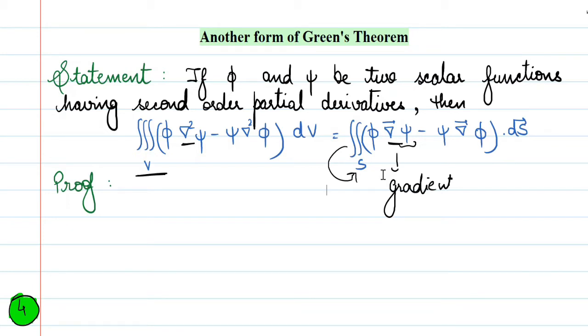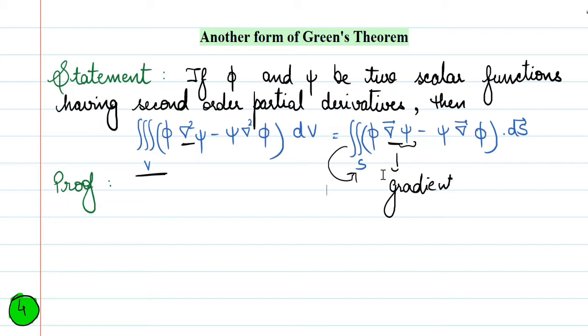So Green's theorem has both the forms. You can perform either of the proofs in the exam if asked. One of the proofs deals with Stokes' theorem and it relates line with surface integral, and the other form deals with Gauss divergence theorem and it relates volume integral to the surface integral.